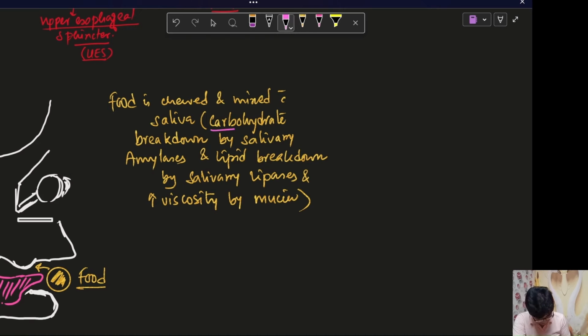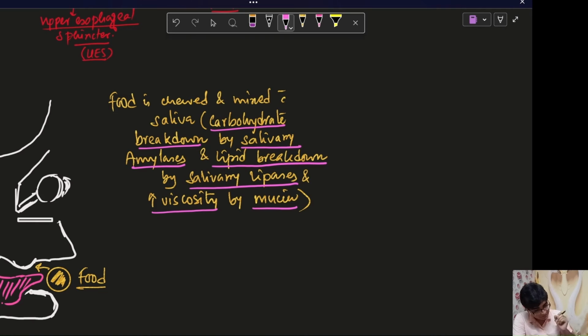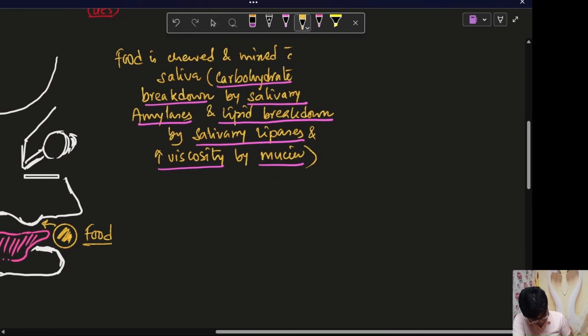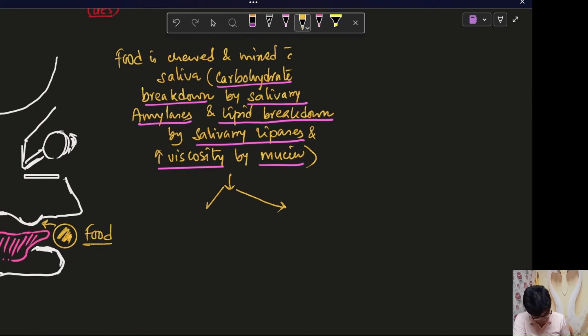So you know at this moment that carbohydrate breakdown occurs by salivary amylase, lipid breakdown by salivary lipases, and increased viscosity by mucin. Correct? Now, if this occurs, this will lead to two things.